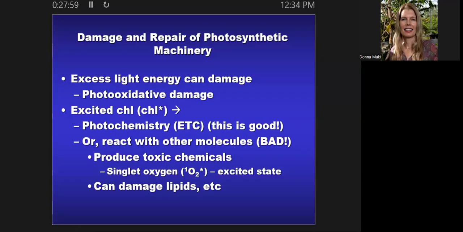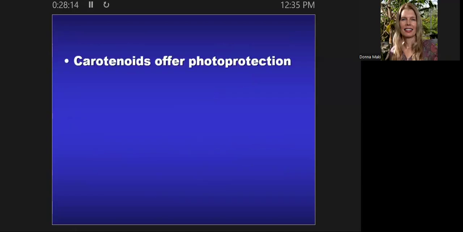So it makes sense that if a plant has to work with light, that's a lot of energy coming at you, on a daily basis, they need some way to protect themselves from too much. And so there's several options.